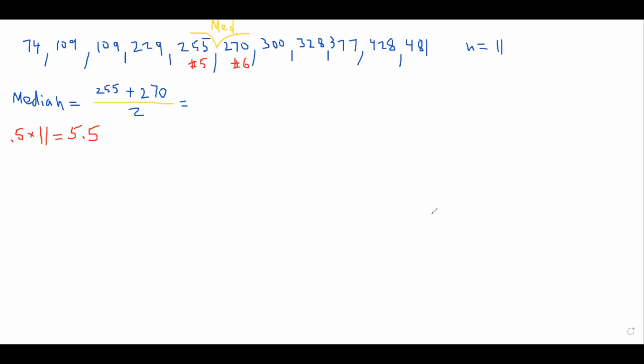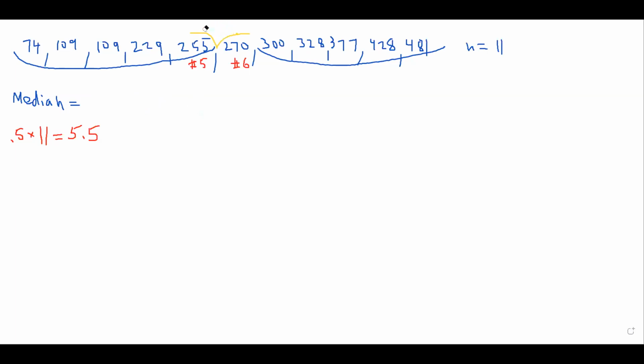So I say, Alex, actually, you should be a little bit more careful because there are 5 elements here and there are 5 elements here, right? So in the middle will be number 270. So I just wasn't careful.